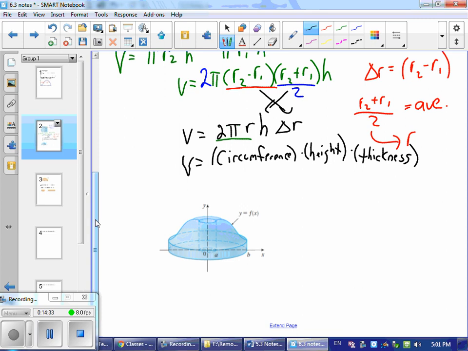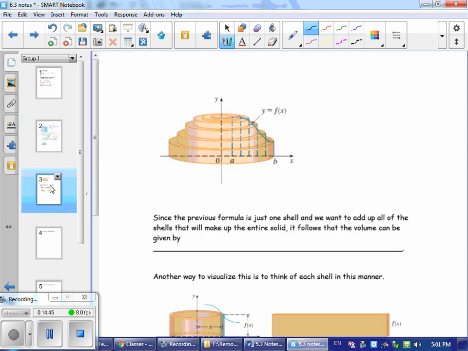As a matter of fact, it looks like you have one cylinder cut out of the center, and that's true. The idea, which we're going to get to on the next page, is that I'm going to take that shape that we have there, and I'm going to actually take an infinite number of shells. So I'm going to start stacking these shells up.